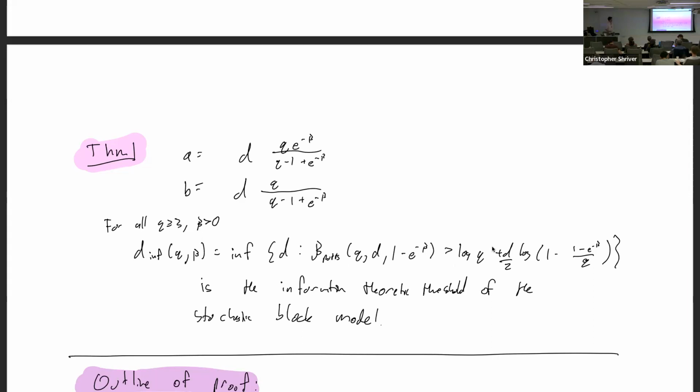And so really, exactly the point at which this optimization problem changes behavior marks the random graph coloring condensation threshold, the Potts model condensation threshold, and the information theoretic phase transition in this model.